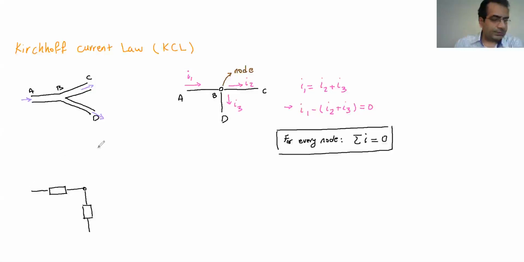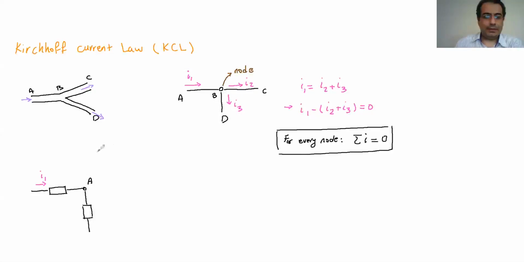If I say it's the I1 coming here, and then I have this node here, let's call it node A. So if I1 goes through this wire and through this element and enters the node A, exactly the I1 should leave that node A. Because there's only one way out, all the I1 should leave.